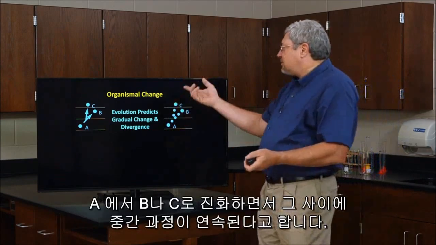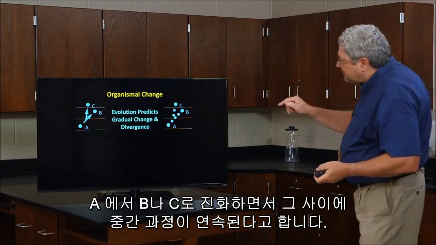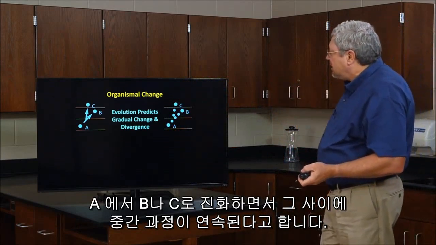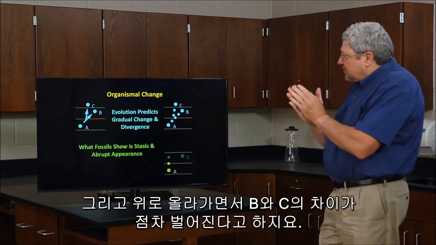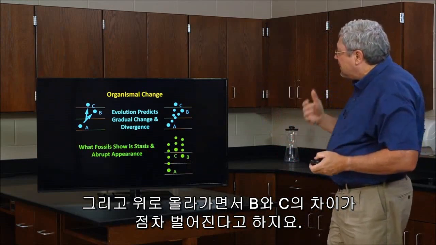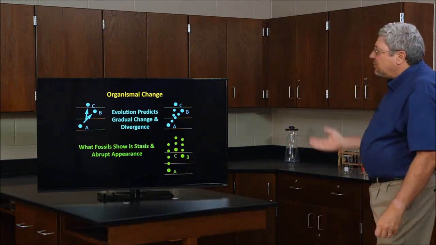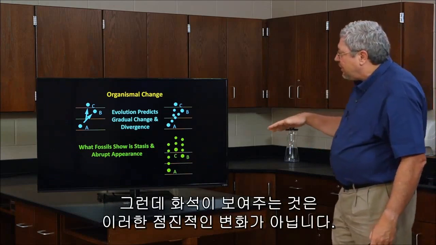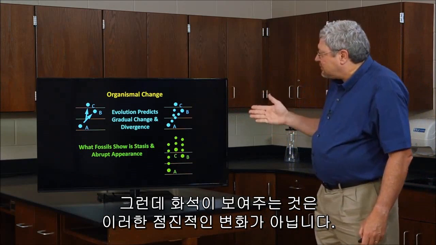So if your A is going to evolve into B and C, you would expect a series of transitions between A and B and A and C. And it would expect that the divergence could be seen between B and C as things go up in the fossil record. What fossils actually show, though, is not this gradual change and divergence.